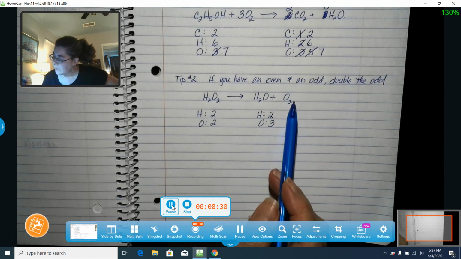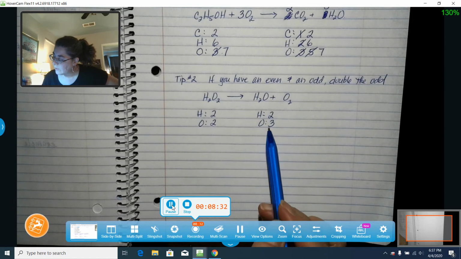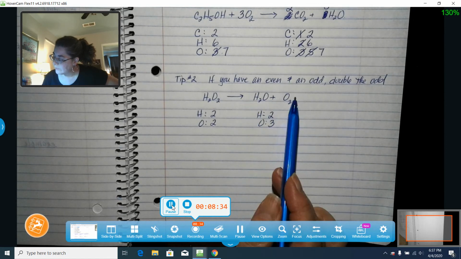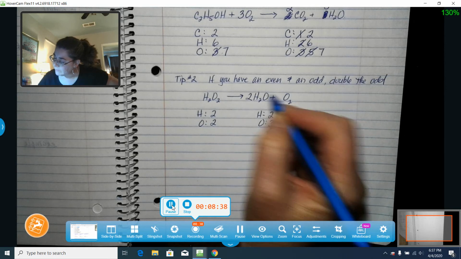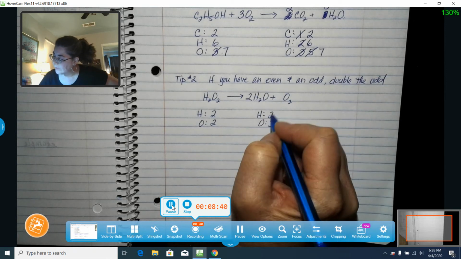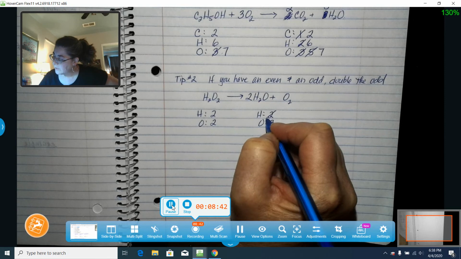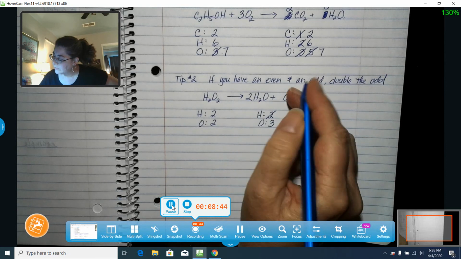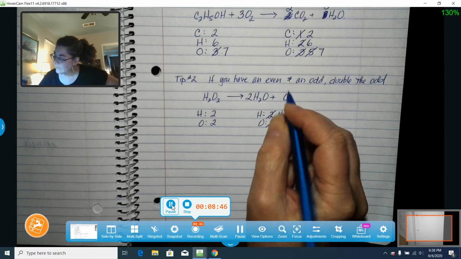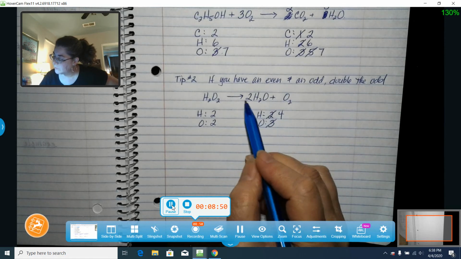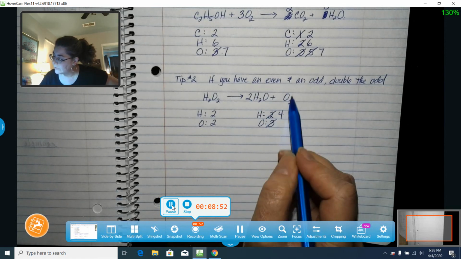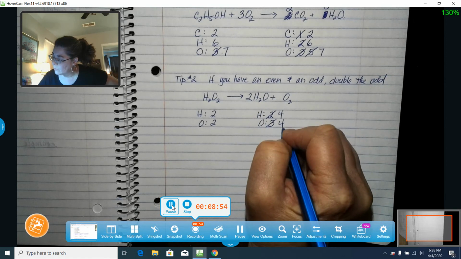So what is making my count of oxygen odd? This one. So if I double this one, okay, now I'm going to retally. I change my number of hydrogens to 2 times 2 is 4. And I've changed my number of oxygens. This way I have 2 times 1, there's 2 here, 2 oxygens here, 2 oxygens there, so that's 4.